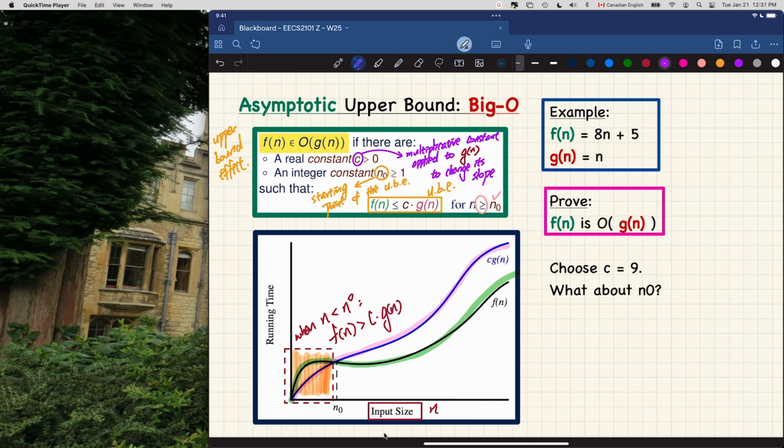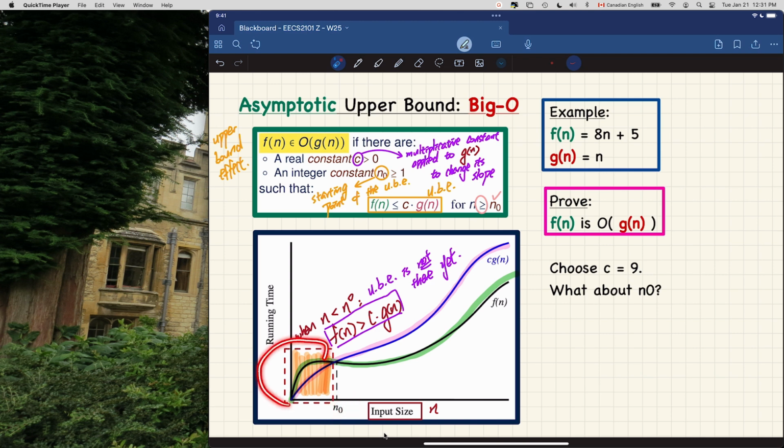And it is important to know that this tells you that the upper bound effect is not there yet. Which is okay, because in order to show that the big O is actually true, you only need to start at a certain point, which will be n0. So that's the first portion.